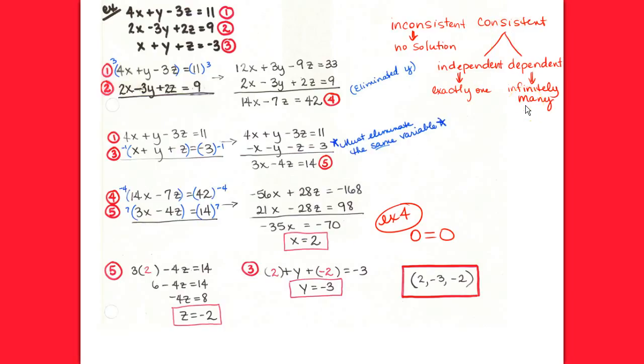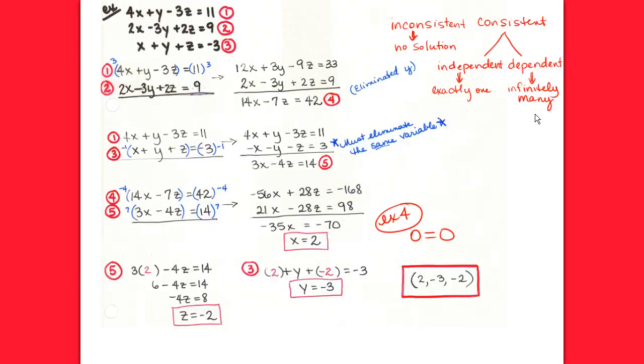Now we want to be a little more precise with our consistent systems. They tell me on the bottom of 511 that a system will be consistent independent if it has exactly one solution. It'll be consistent dependent if it has infinitely many solutions. And again, all of that is in italics and bold print on the bottom of 511.